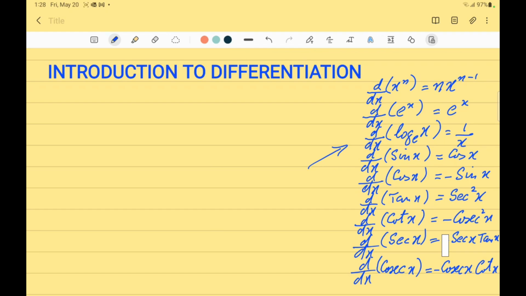How do we come to know which rule will be used when? We will try our best to clarify all your doubts related to the application of these formulae. Hopefully all your confusions will come to an end after watching this video.